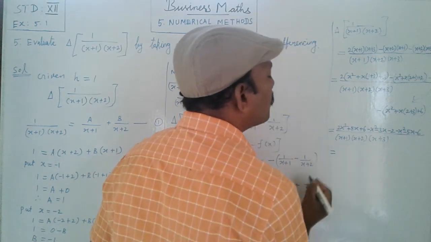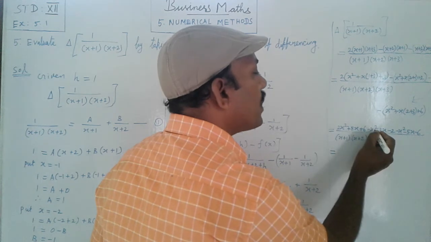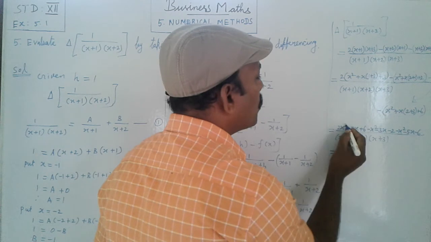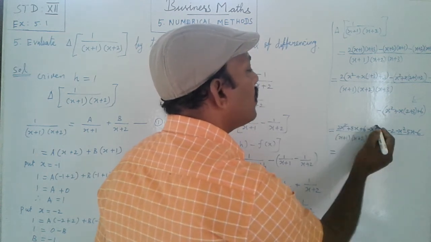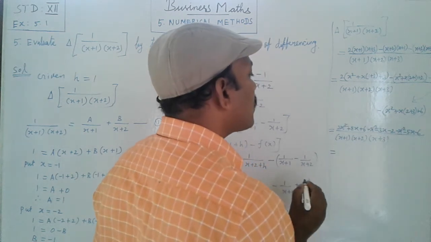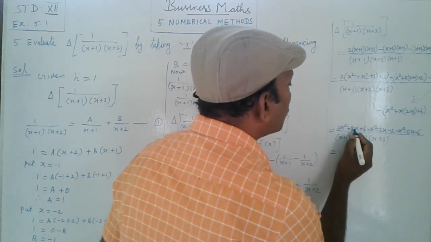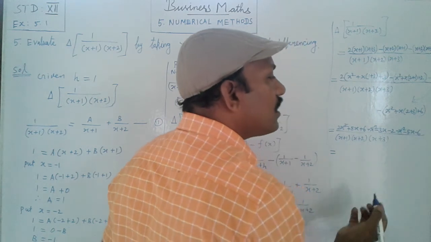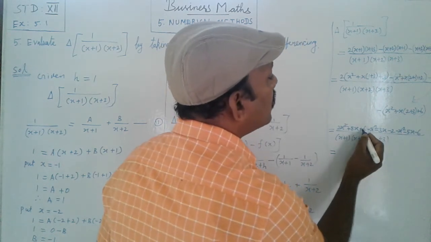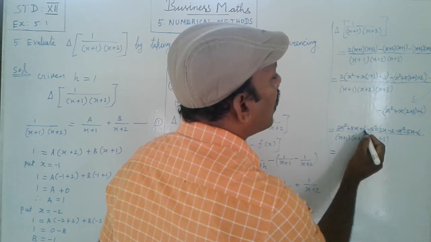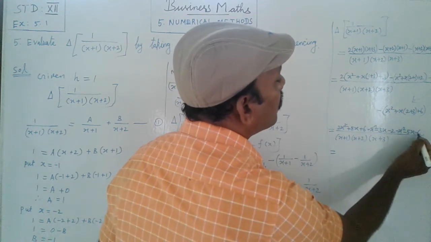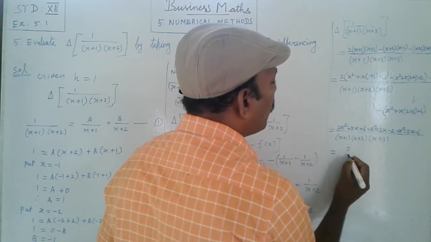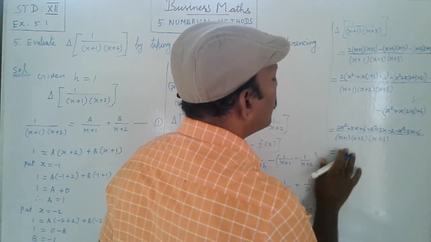So that is equal to 2x square minus x square, minus x square cancels. So 2x square and minus x square cancel. Next, 8x minus 3x is 5x. 5x minus 5x cancels. Next plus 6 minus 6 cancels, 0.